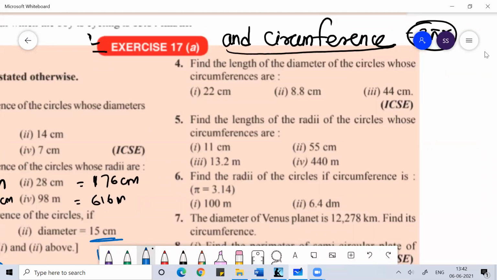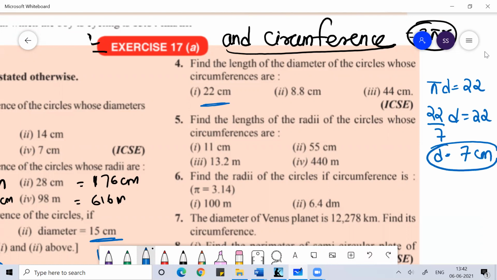Fourth one. If the circumference is 22, what is the diameter? So 7.